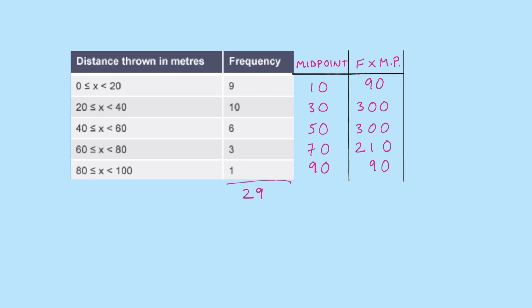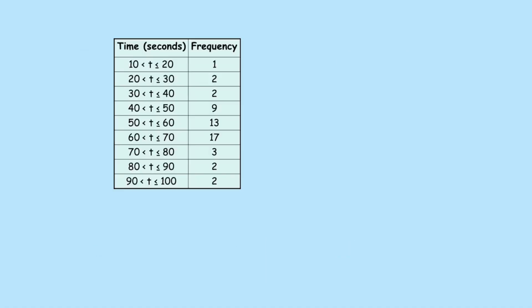We have 29 values, and then we add up all our totals. So this will give us our total of all the values, 990, and to find the mean, the total of our values divided by how many values we had, which is 990 divided by 29, which gives us an answer of 34.1.